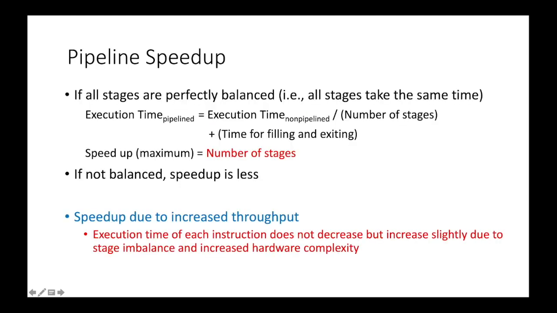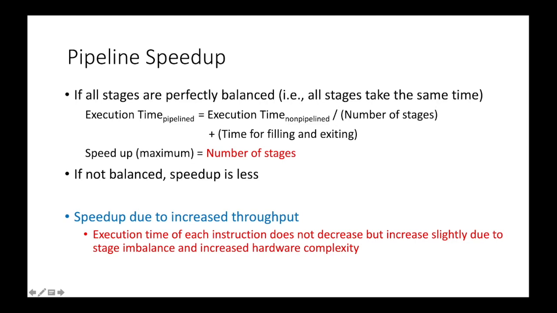Let's talk about the speed up that we can get from instruction pipelining. If we assume all stages are perfectly balanced, for example, all stages take the same time, and if we ignore the relatively tiny pipeline filling time at the beginning and the exiting time at the end, the maximum speed up we can get is simply the number of stages.